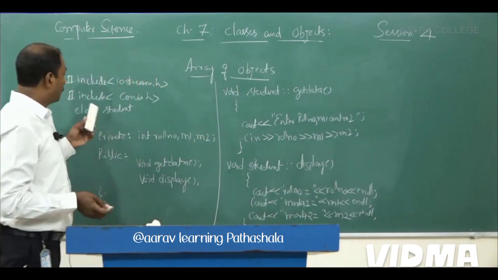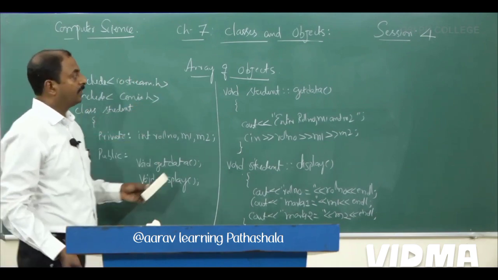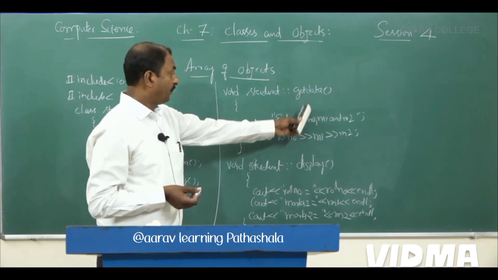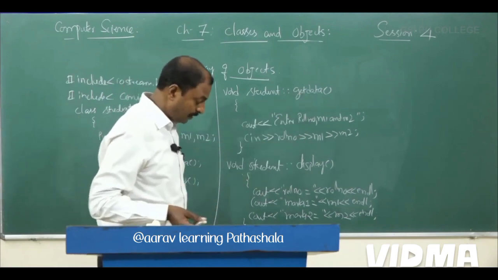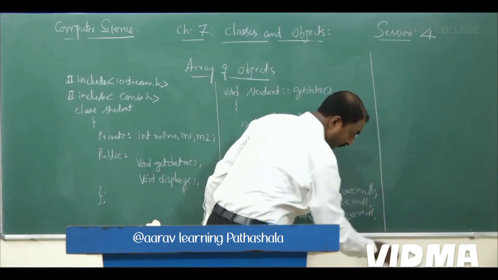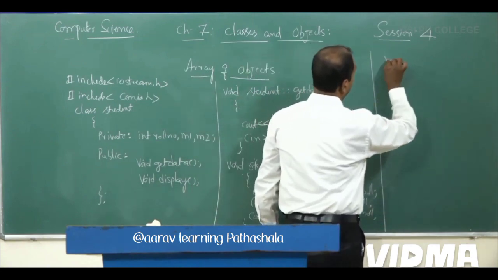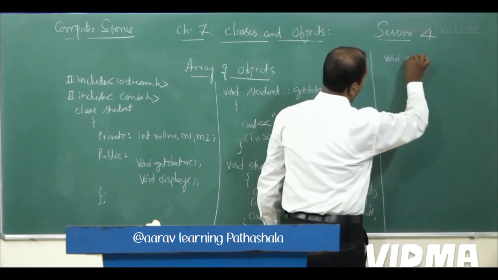So first we have started the program with the header files, definition of a class, and function definitions. The next step is to create an object of the class and call the functions one by one. So here we'll start with void main.